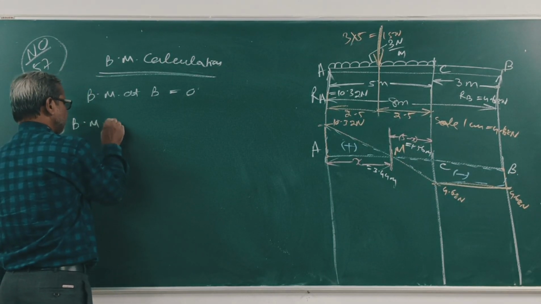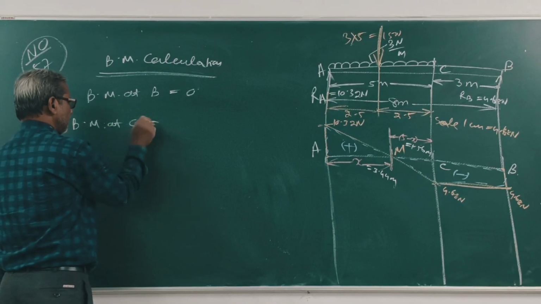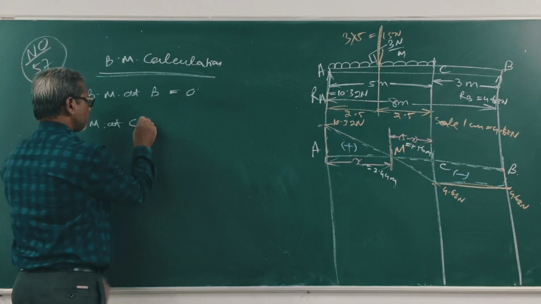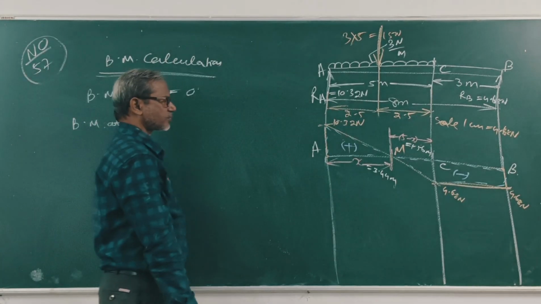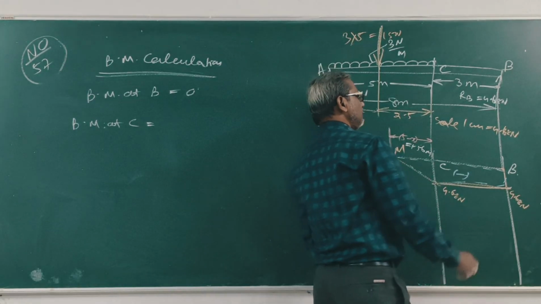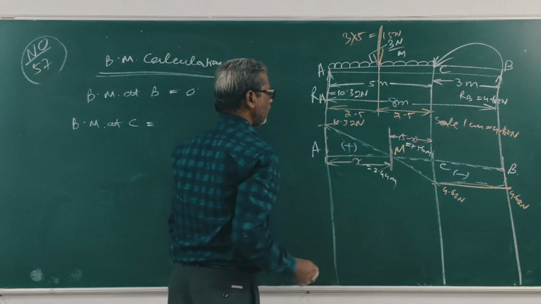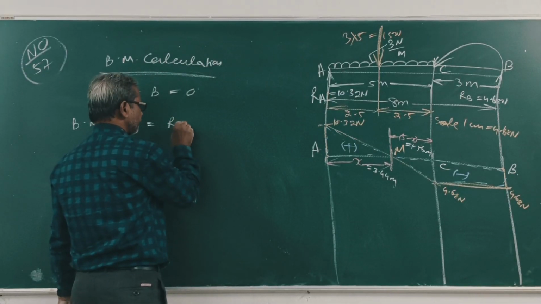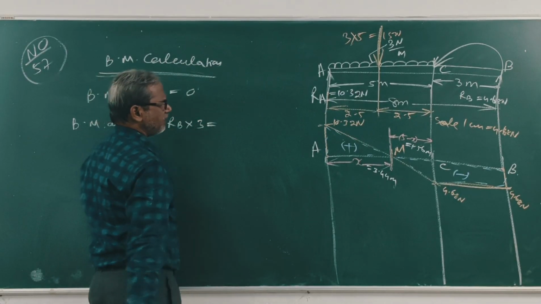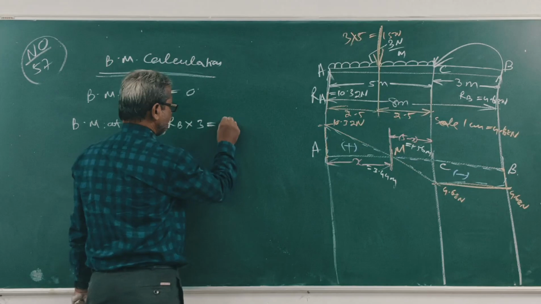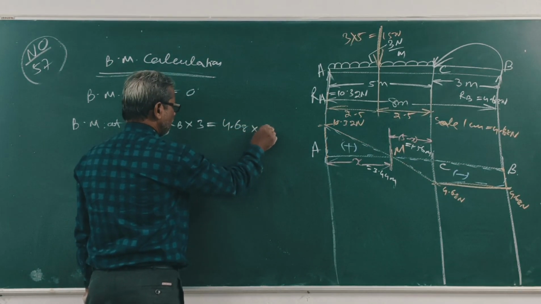At C, BM at C is RB into 3. What is RB? 4.68 into 3.